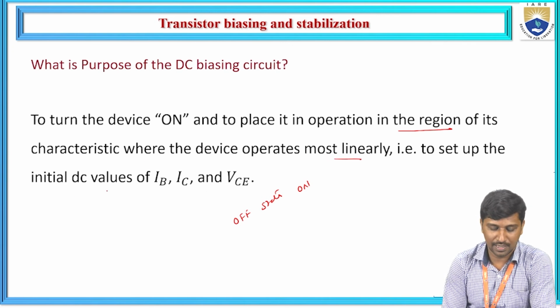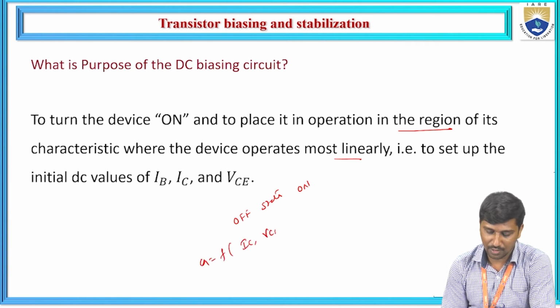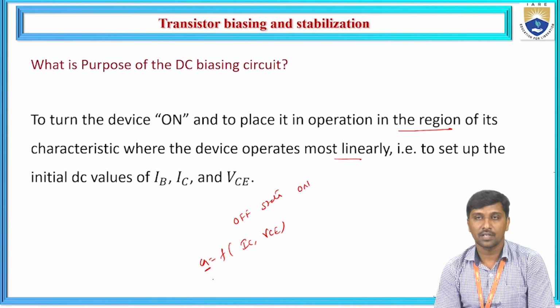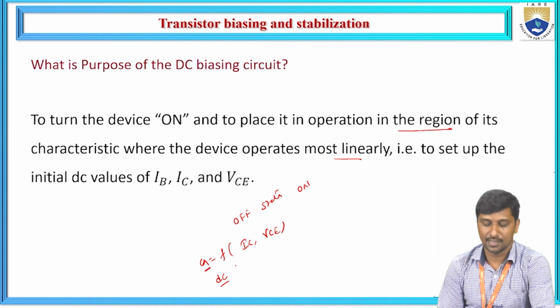It sets up the initial DC values by setting the base current and the collector current as well as the VCE. Why? Because the Q point is a function of collector current and output voltage. So to maintain a proper operating point, we require a proper biasing circuit, which is done through the DC biasing circuit.